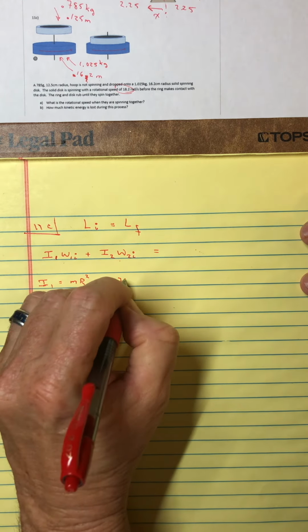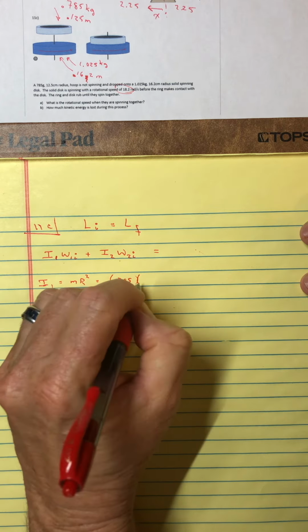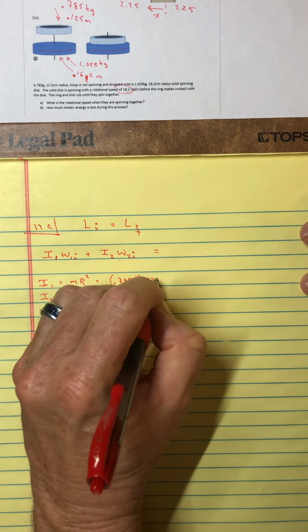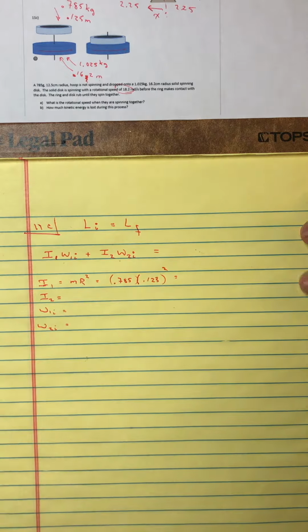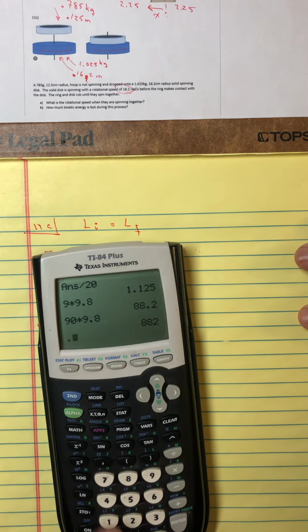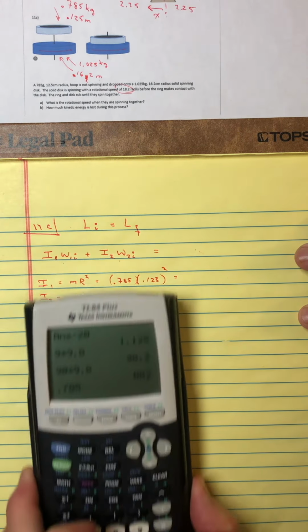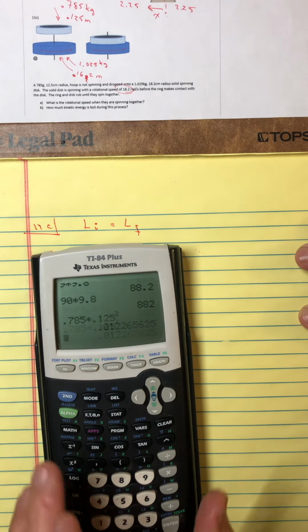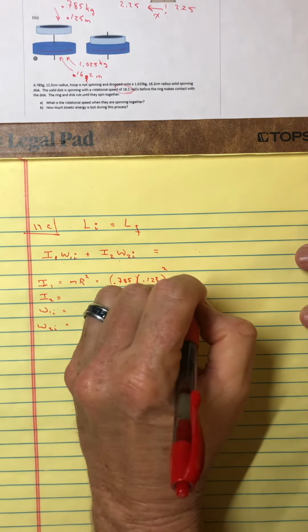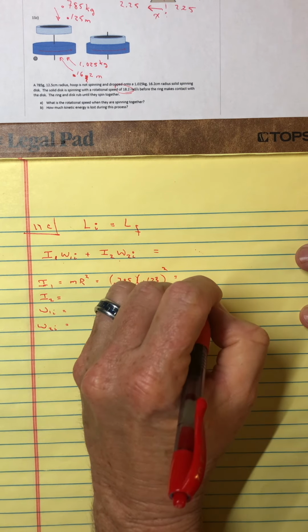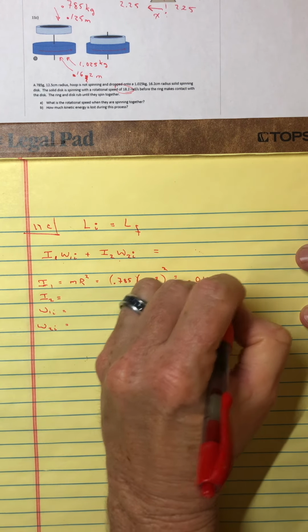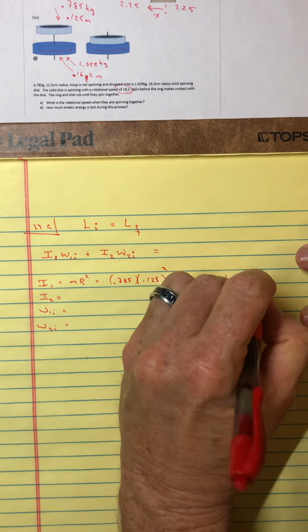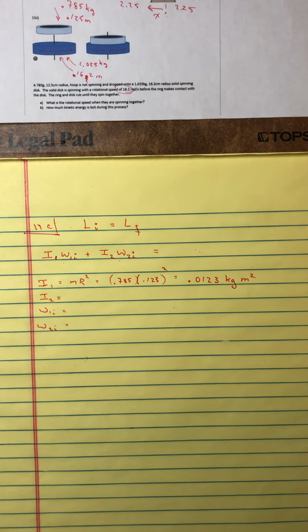So this would be 0.785 times its radius, 0.125 squared. So grabbing my calculator, 0.785 times 0.125 squared equals, and so we're looking at a 0.0123, and the units would be kilograms and meters squared. So there's the moment of inertia of the hoop.